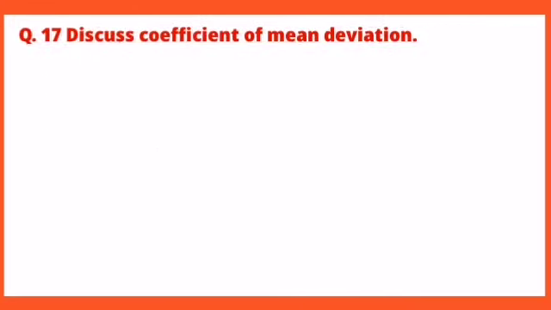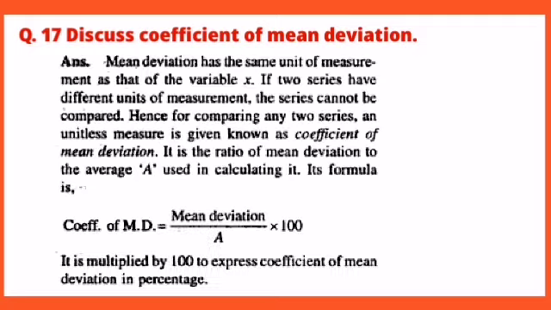Question 17. Discuss coefficient of mean deviation. Answer. Mean deviation has the same unit of measurement as that of the variable x. If two series have different units of measurement, the series cannot be compared. Hence, for comparing any two series, a unitless measure is given known as coefficient of mean deviation.